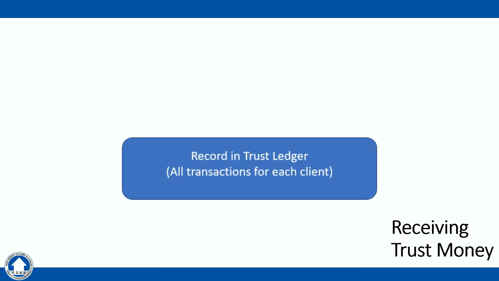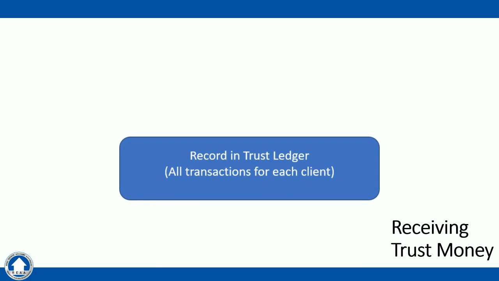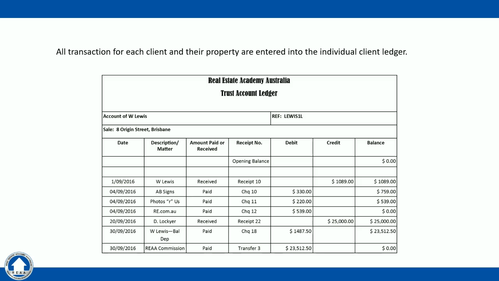The next step is to record in each individual trust ledger. The next step, after entering the receipt into the trust account receipts cash book, you then have to update the individual ledger that has been affected by the transaction. So if we imagine that we're looking at the account of W. Lewis, ledger reference of Lewis 1L, and then we look at the sale of 8 Origin Street, Brisbane.